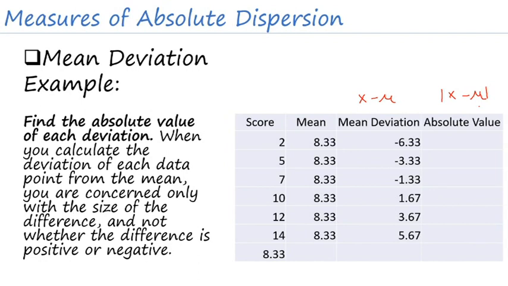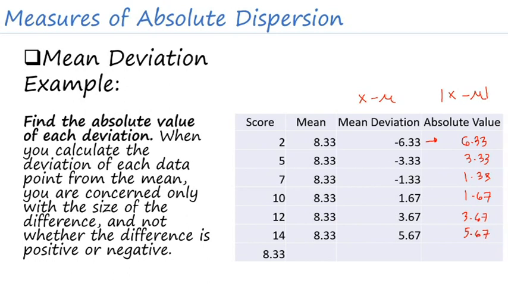So kapag ilalagay natin, for example, yung ating 6.33 into the absolute sign, it will result to 6.33. And this one will be 3.33. The other one is 1.33. We also have 1.67, 3.67, and 5.67. These are the absolute value of our mean deviation.